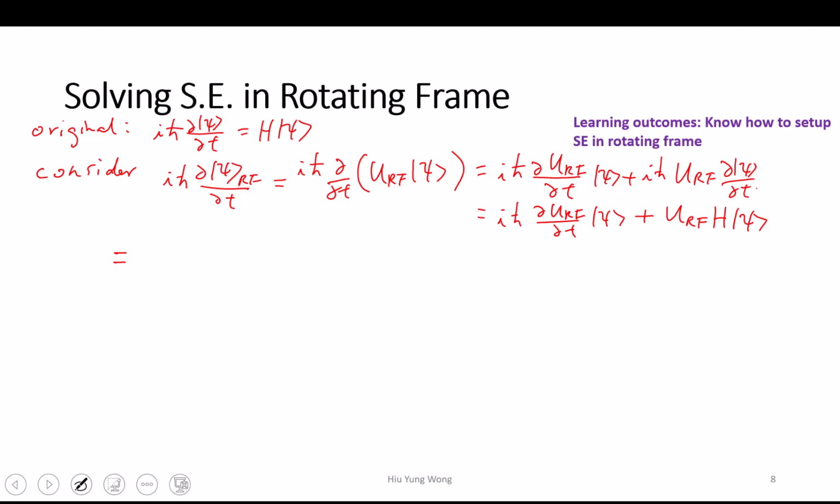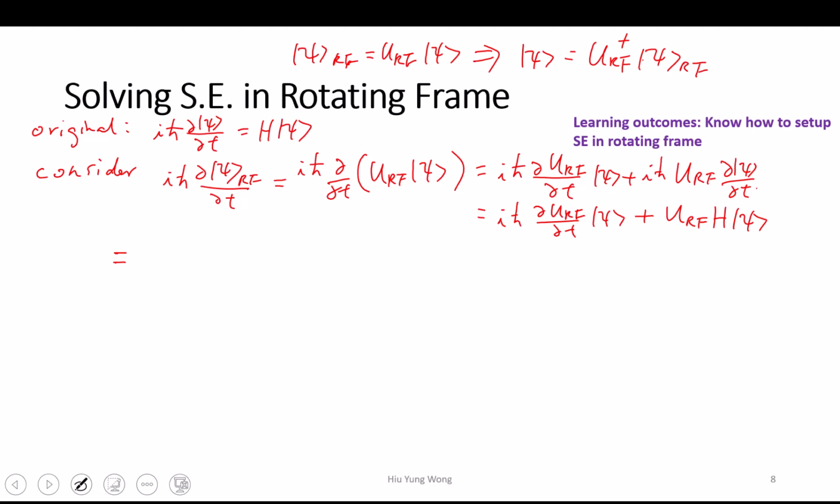So let's remind ourselves: psi RF equals U RF times psi, correct? Then psi equals U RF dagger psi RF, right? Just go back, because they're inverses of each other.